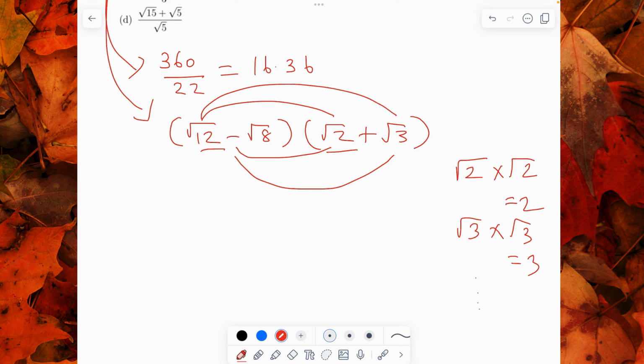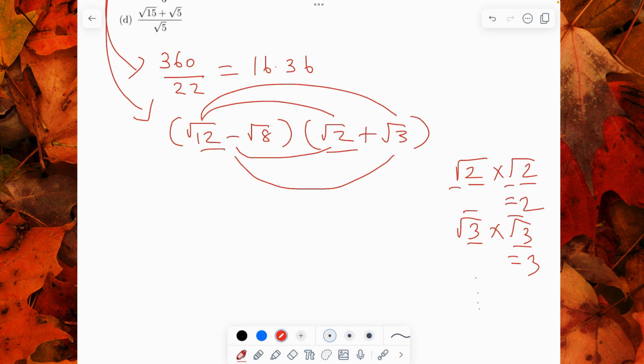What I am trying to convey is, if the numbers inside the square roots are equal, the square root will be removed. Since root 12 into root 2 is not a common number, it will remain inside the square root and the square root won't be removed.